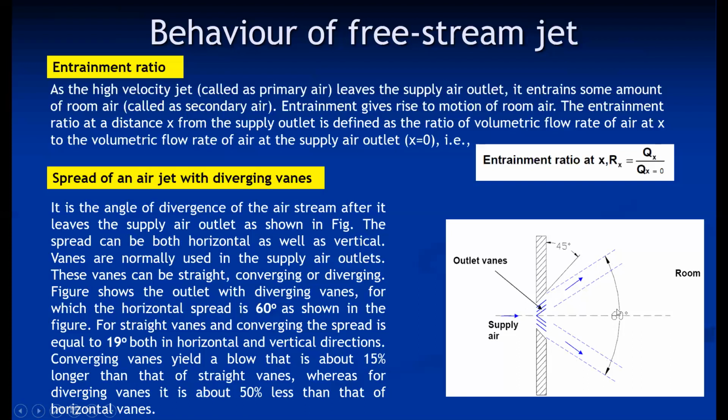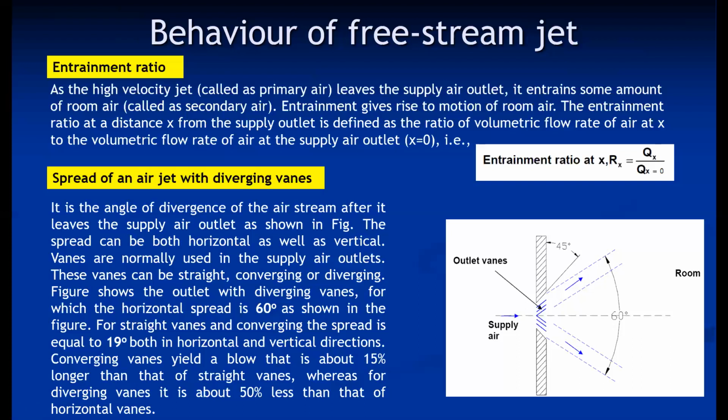For straight and converging vanes, the spread is equal to 90 degrees, both in horizontal and vertical directions. Converging vanes yield a blow that is about 15% longer than that of straight vanes, whereas for diverging vanes it is about 50% less than that of straight vanes.